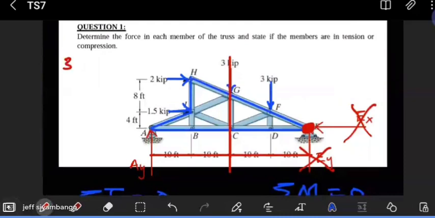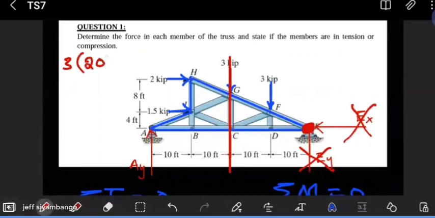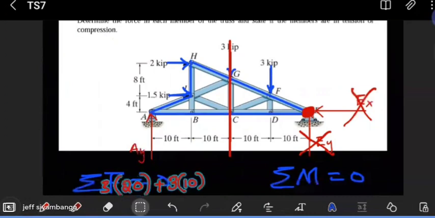What distance are we going to use here? 20. Being anti-clockwise, it remains positive, then the 3 keeps there. The one at F is also anti-clockwise, so it will also be positive. It will be 3, but this time it will multiply 10. So that sorts out the two vertical blue forces.